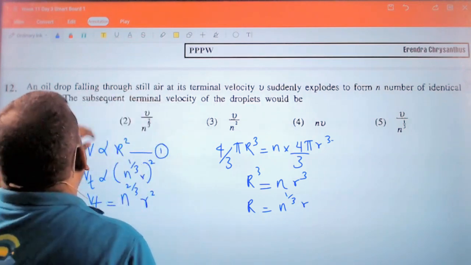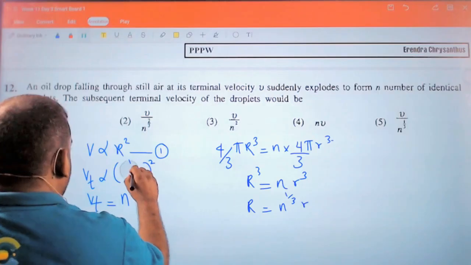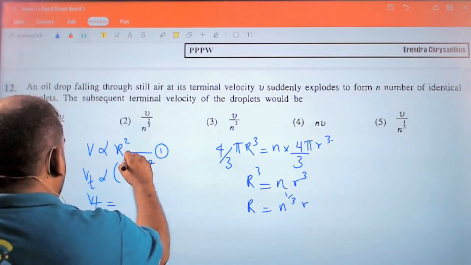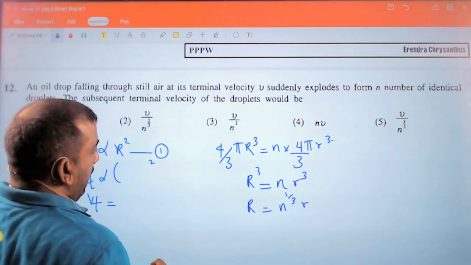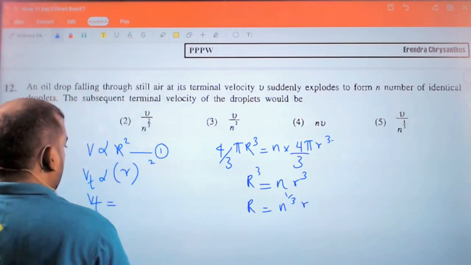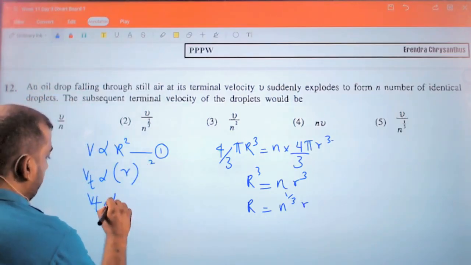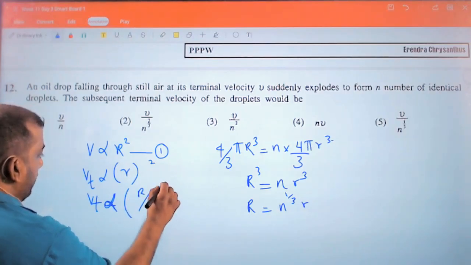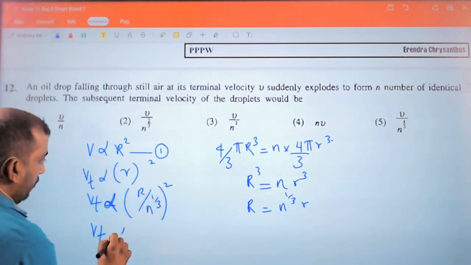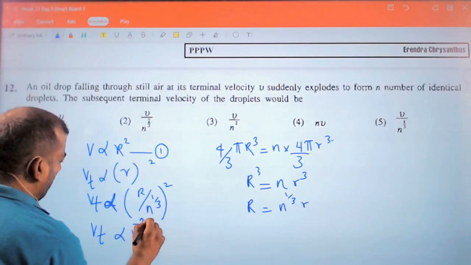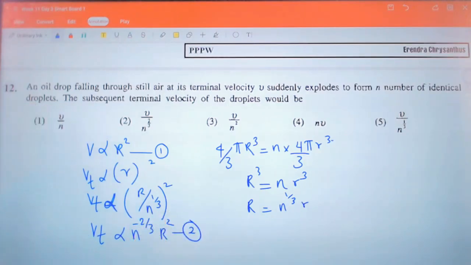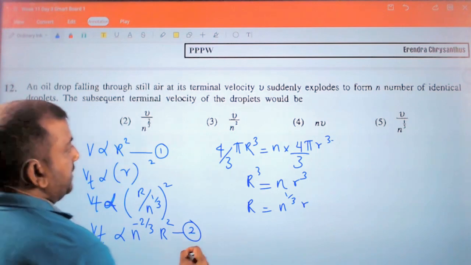So here we are applying for the new radius. New radius means small r. What is small r? R divided by n to the 1/3. New terminal velocity is proportional to n to the power minus 2/3 R squared, equation 2. Divide the second equation by the first.